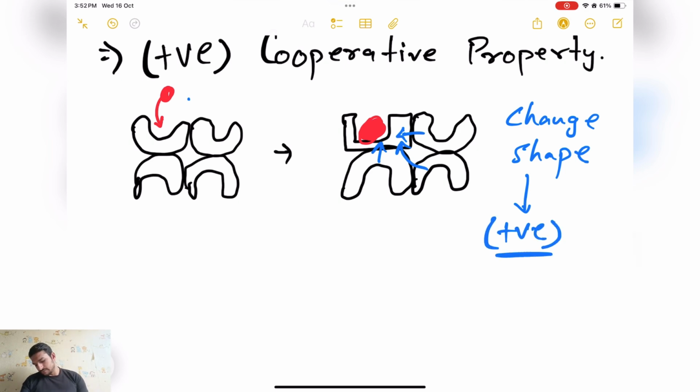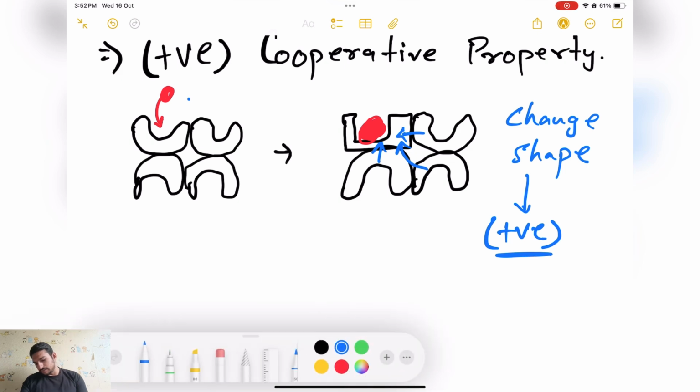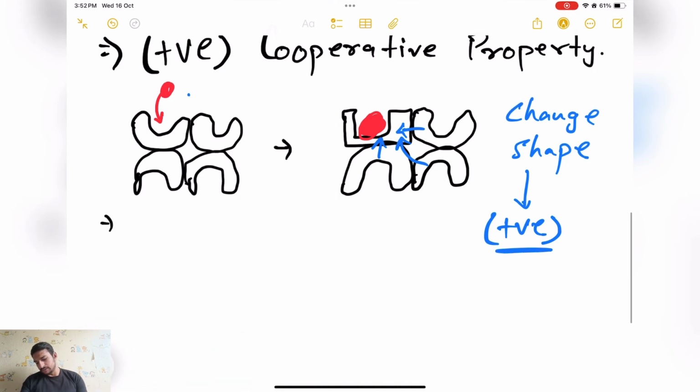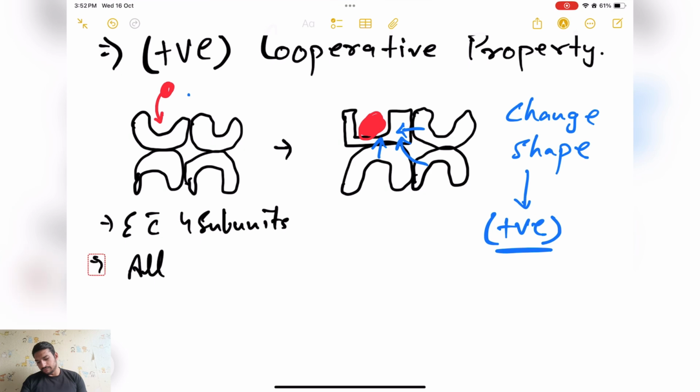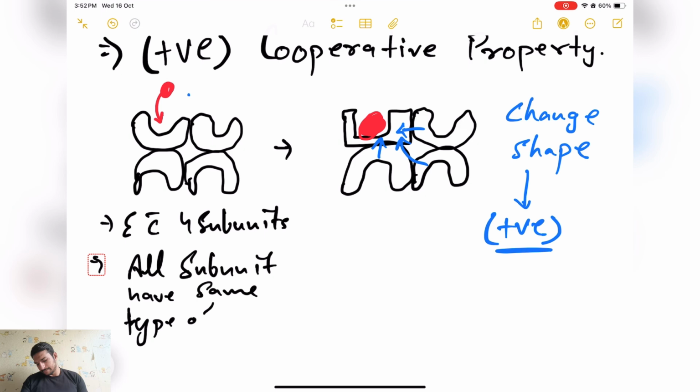In this first one, the enzyme has four subunits, and all subunits are the same.